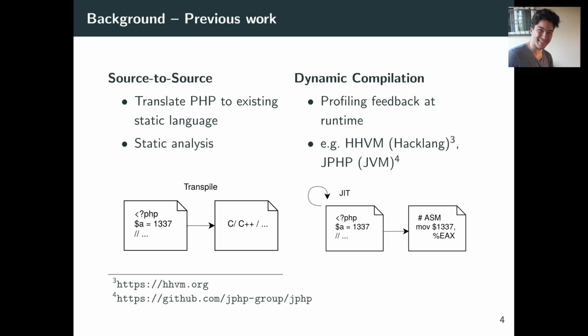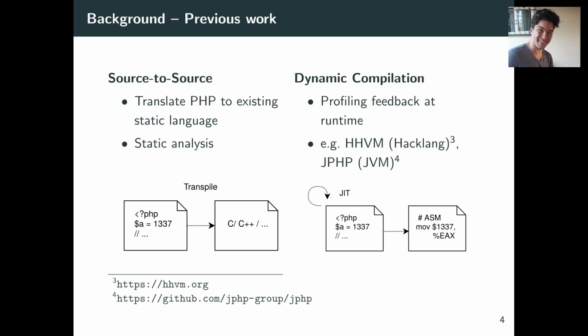They use static analysis on PHP in order to infer types. Another approach uses a dynamic compiler in some shape or form, where a dynamic compiler gathers profiling feedback at runtime and then compiles frequently executed code segments to machine code.